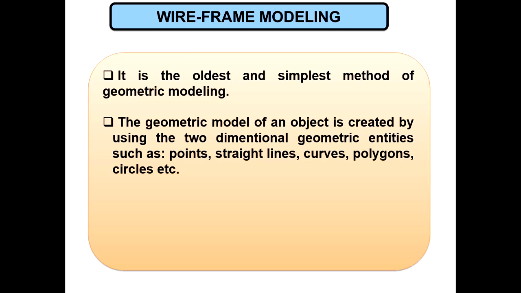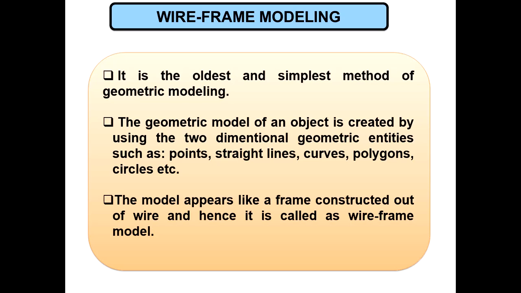These entities are used for generation of the geometric model. We will see how the geometric entities can be used for the generation of the model. So simply you can go for the lines, curves, polygons like this for generation of these models.